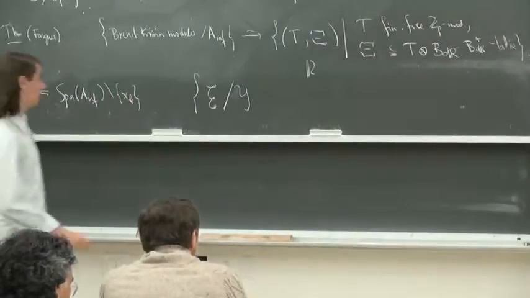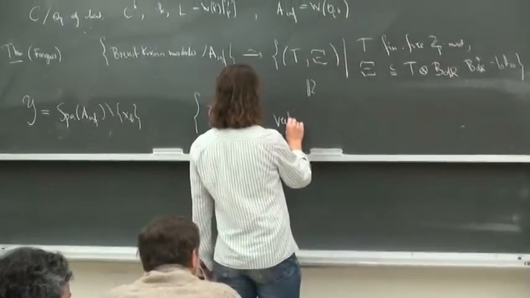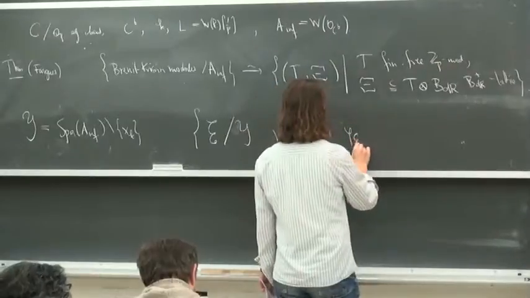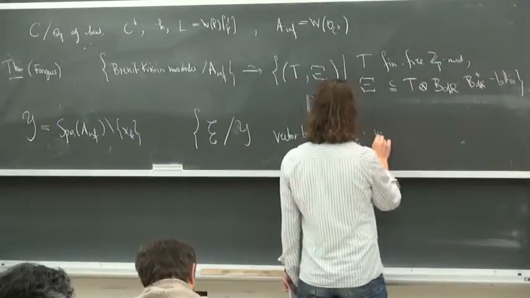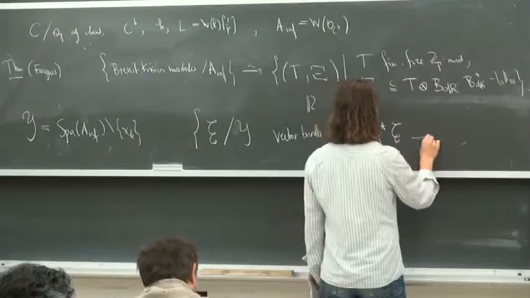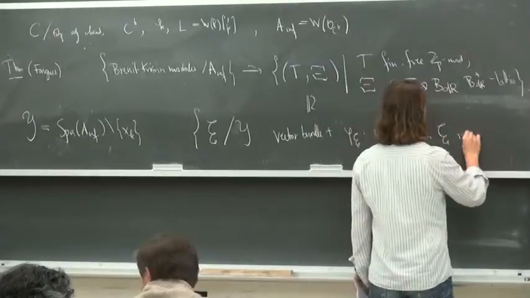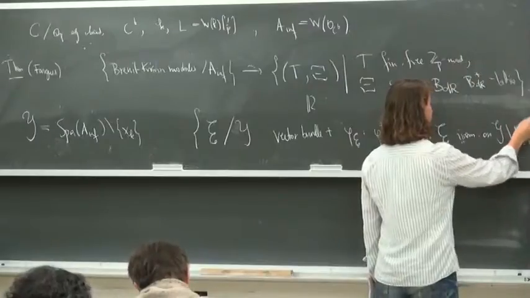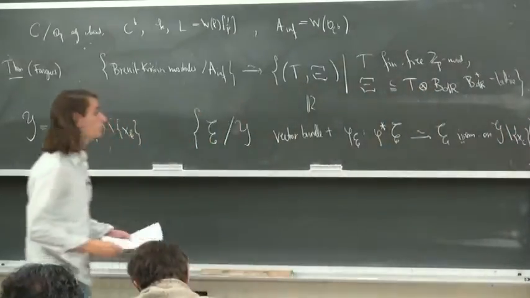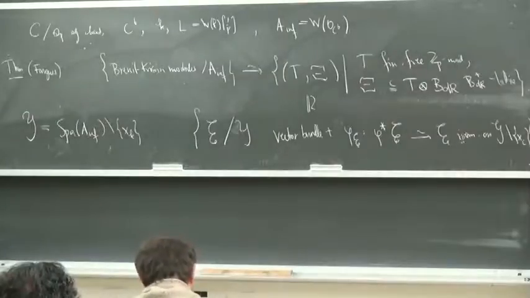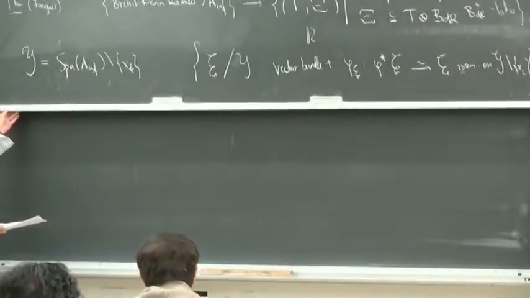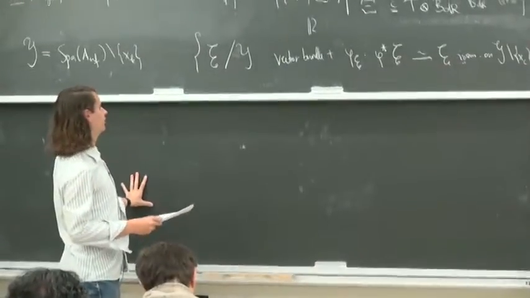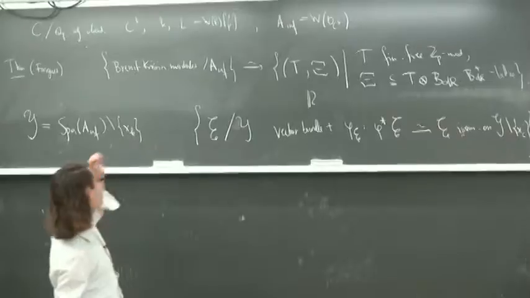A vector bundle E plus phi_E, from the phi pullback of E to E, an isomorphism on Y remove this point x_c. Okay. And so what remains to do is just to extend this vector bundle to a finite free A_inf module.